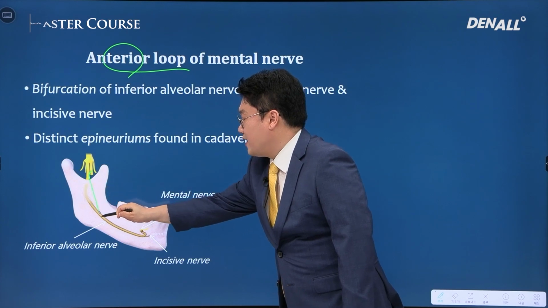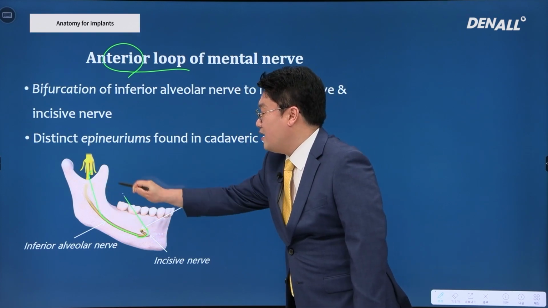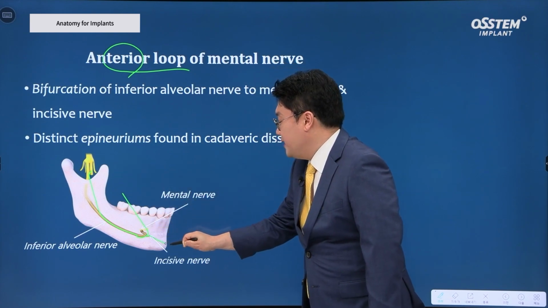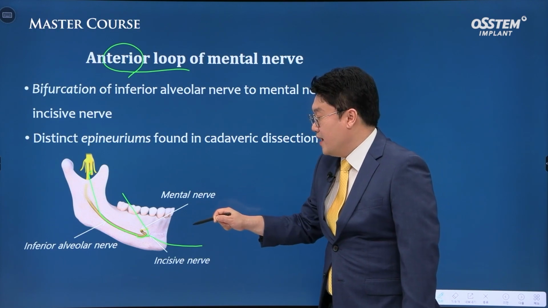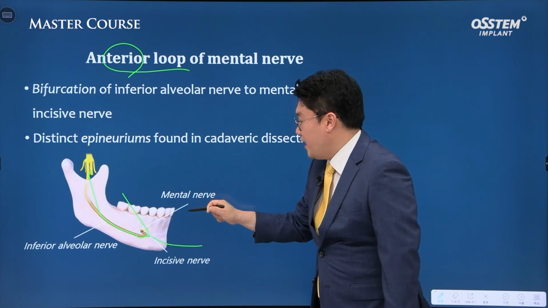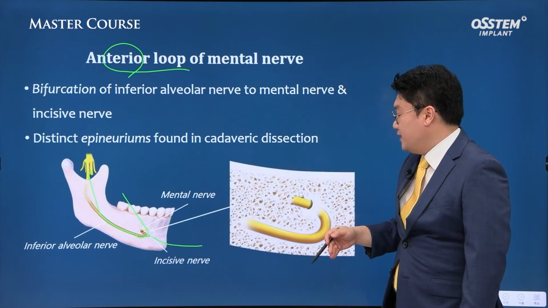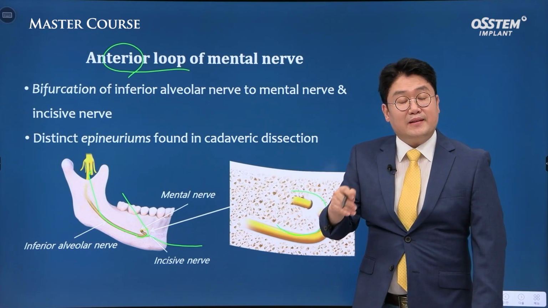As the inferior alveolar nerve progresses, superiorly it becomes the mental nerve, and below that there's the incisive nerve. Upon bifurcation, the mental nerve forms a loop, and this is referred to as the anterior loop, and I'm sure you're all aware of this very well.